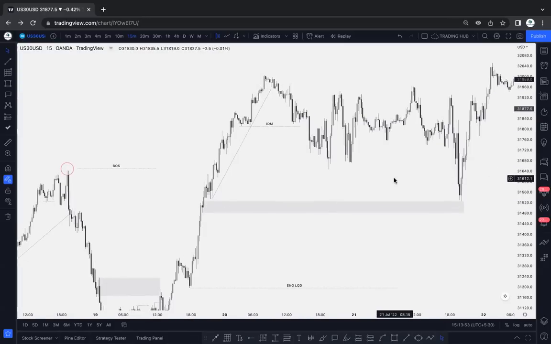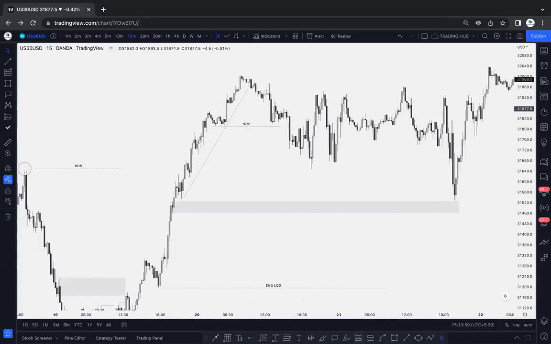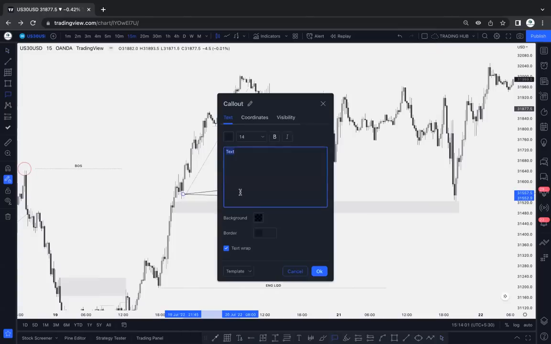Trend line origin liquidity means the trend line origin is here, the origin of the move liquidity.